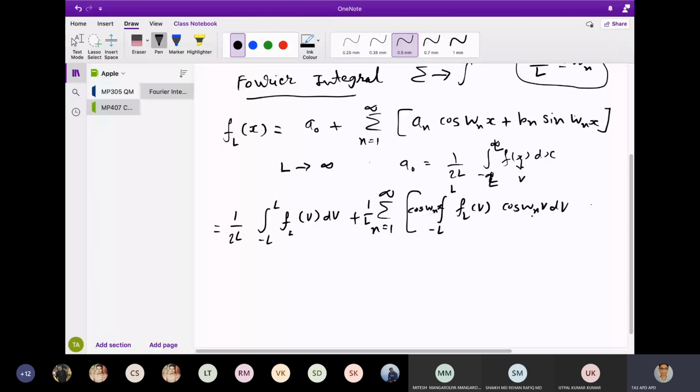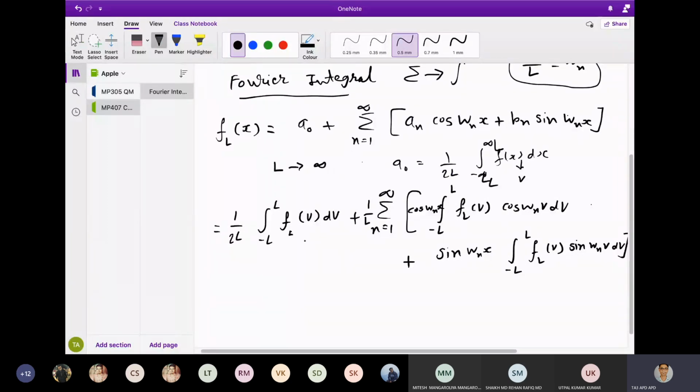So that is your a_n term, plus you will have b_n, which is going to be equal to, writing this term first, sin w_n x, and then the integral from minus L to plus L of f_L as a function of v, sin w_n v dv.